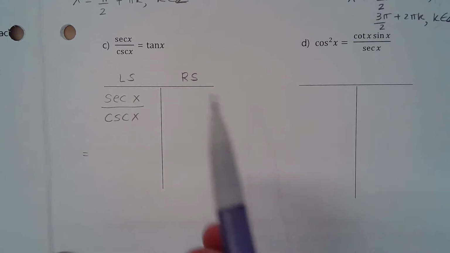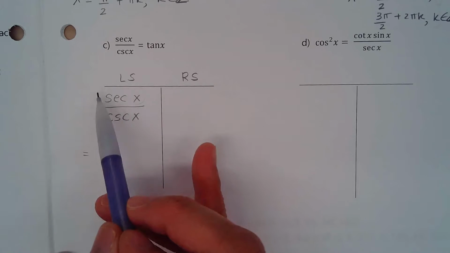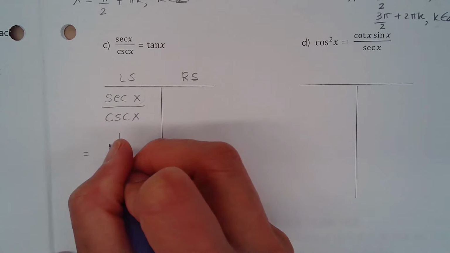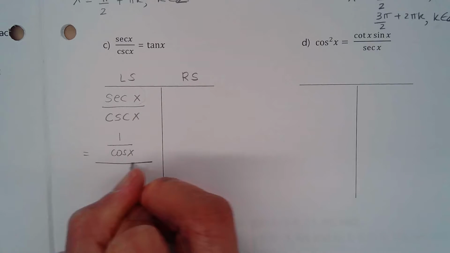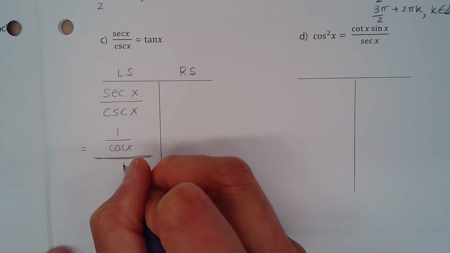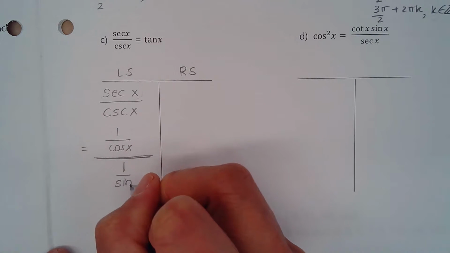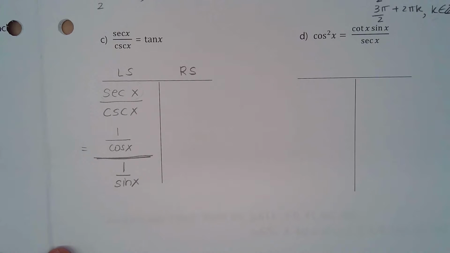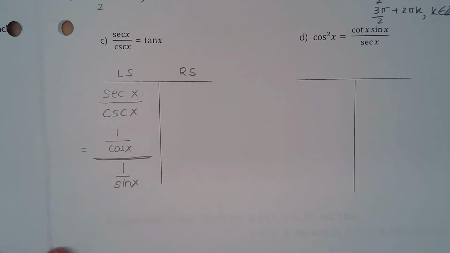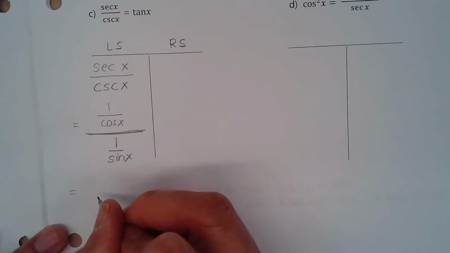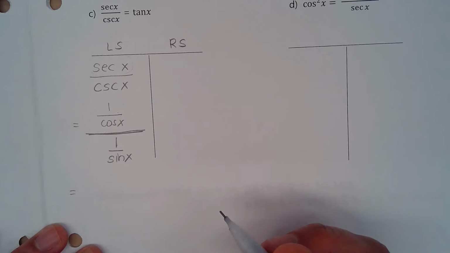1 over cos. So secant of x is 1 over cos of x, and then over 1 divided by 1 over sine of x. Okay, is everybody okay with that piece? Now, this becomes a complex fraction. That's the same thing as multiplying the reciprocal.